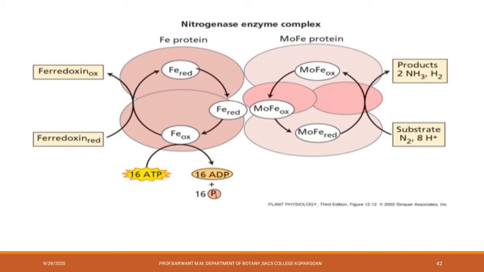In the presence of that enzyme, nitrogen plus 8 hydrogen ions, that means 8 protons, are converted into 2NH3 plus H2, in the presence of 16 ATP converted into 16 ADP and 16 Pi.